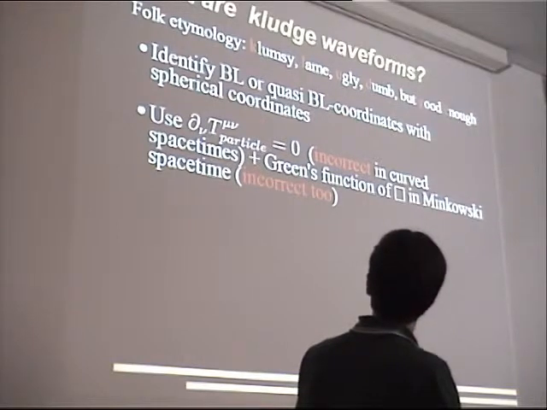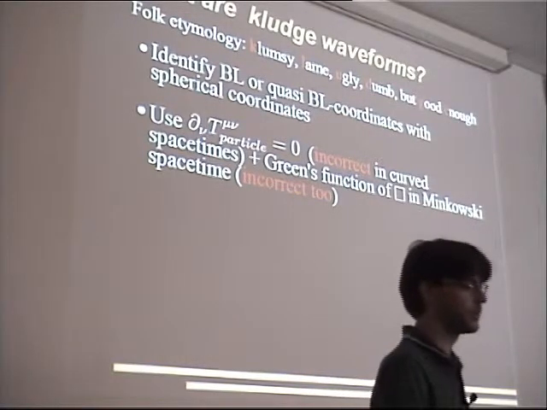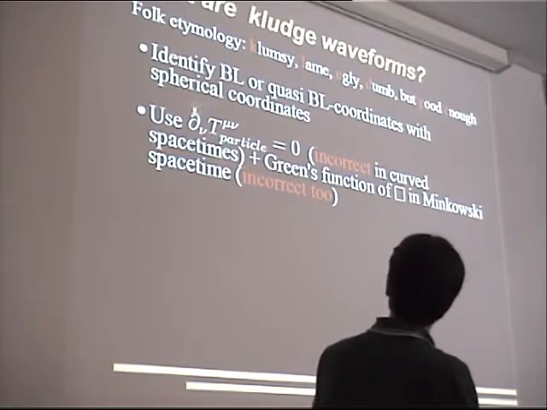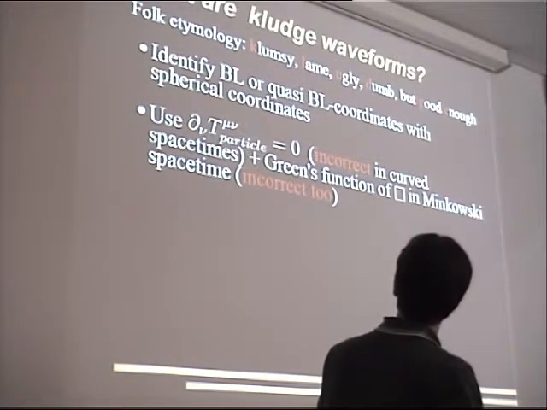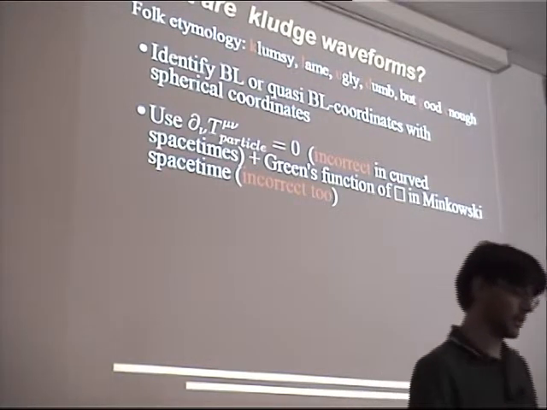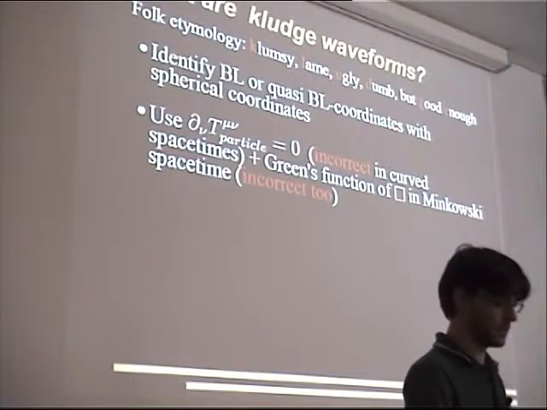First of all, you probably know that the quadrupole formula in Minkowski spacetime is derived using the conservation of the stress energy tensor of the particle in a flat spacetime, which is an incorrect assumption, of course, in a curved spacetime. And then you use the Green function of the D'Alembertian in a Minkowski spacetime, which is a wrong assumption too in our spacetimes.